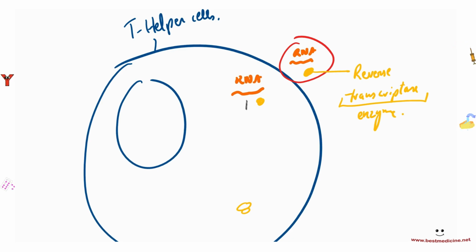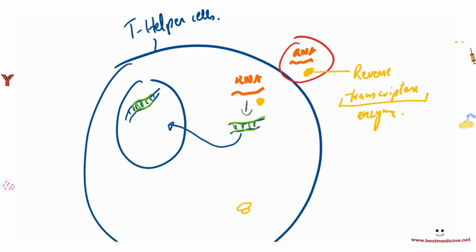So the RNA is going to become DNA here. Here's double-stranded DNA. And now this DNA will be taken into the host cell's DNA. So here's the host cell's DNA. And it will be incorporated into this. Maybe we can make this green. So if this is green, this green bit is going to be incorporated into the host cell's DNA.